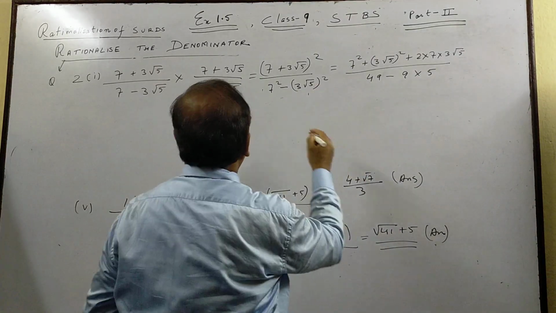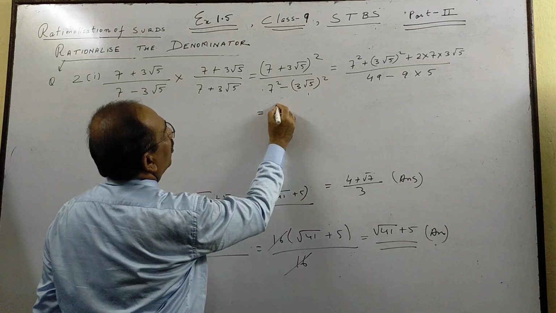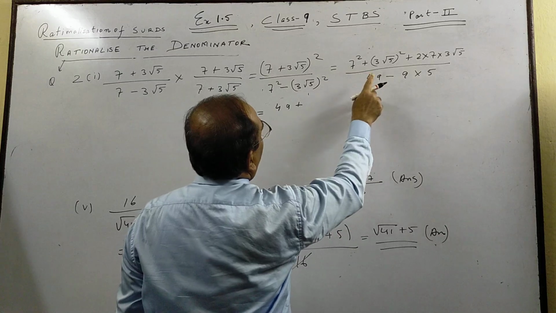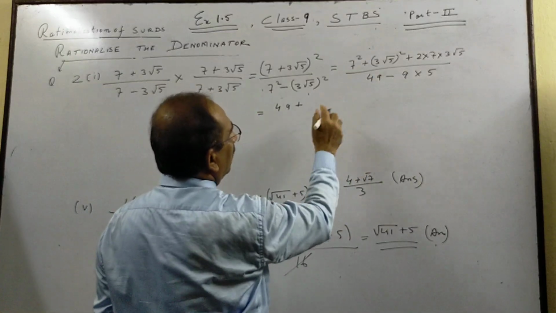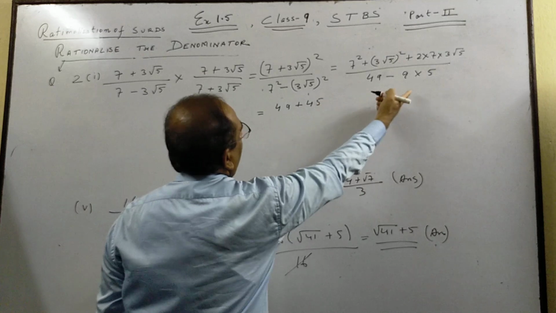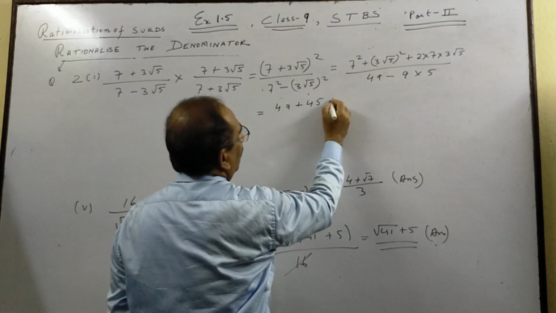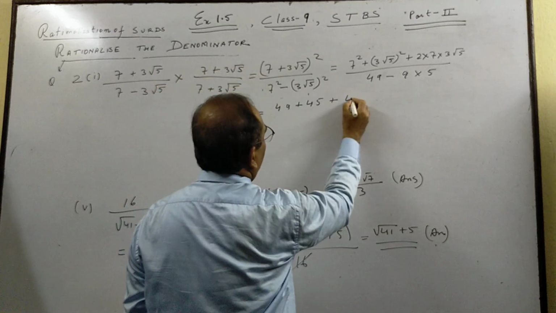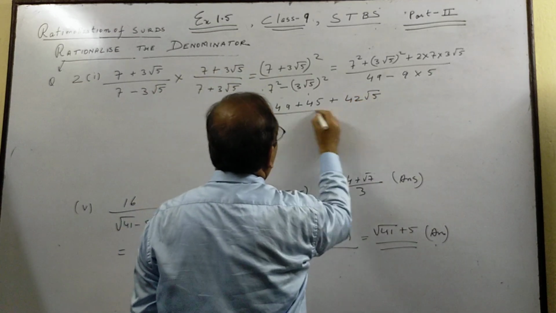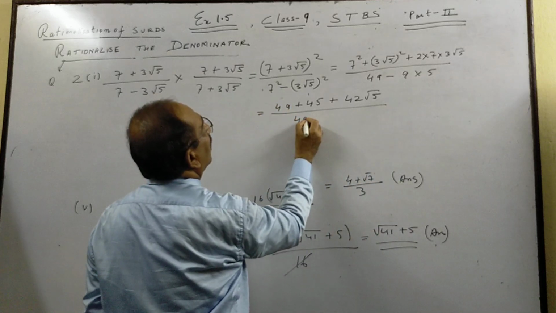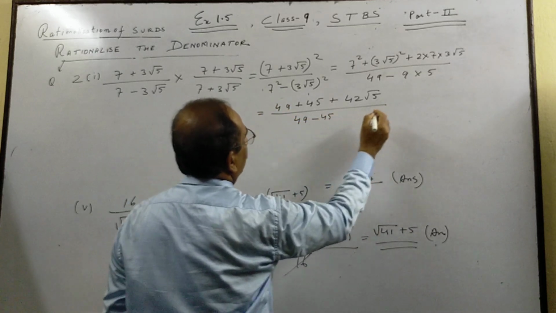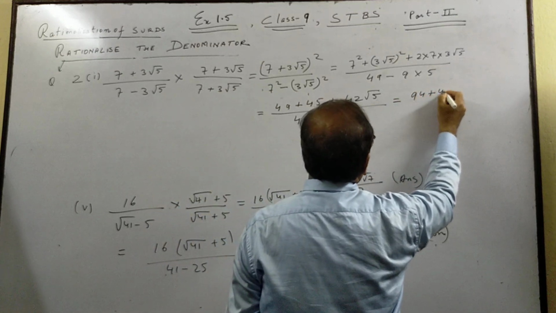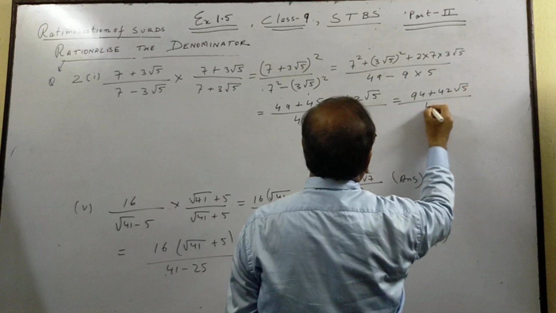So what do we get here? 49 plus, same way, 9 into 5, 45, plus 7 2s are 14, 3s are 42 root 5, upon 49 minus 45. This is equal to 94 if you add, plus 42 root 5 by 4.